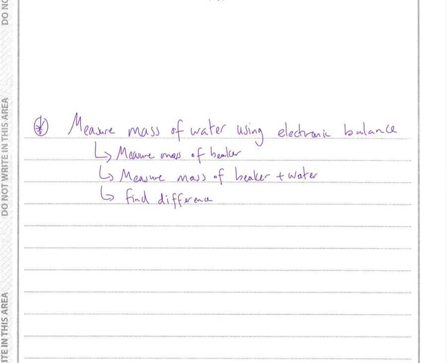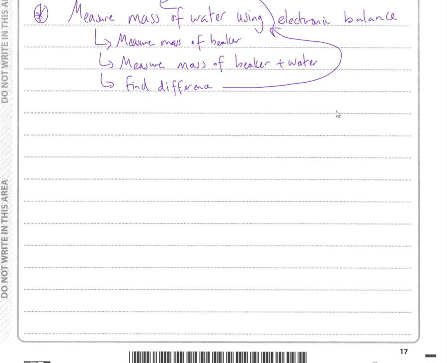So the difference will be the mass of the water. That's how we're going to find the mass of the water, because that's the problem here. We have water, so we need to find its mass.